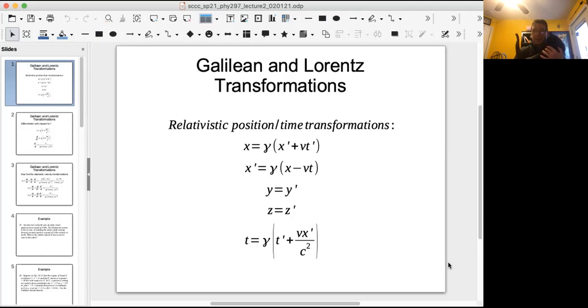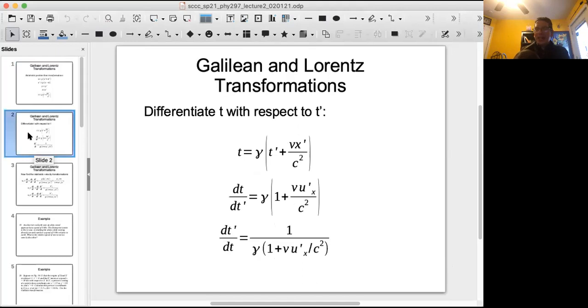So there is a correction factor involved relating time coordinates in the old system to time coordinates in the new system, and that's assuming that t equals 0 overlaps in both cases. So we're going to differentiate that t with respect to t prime.